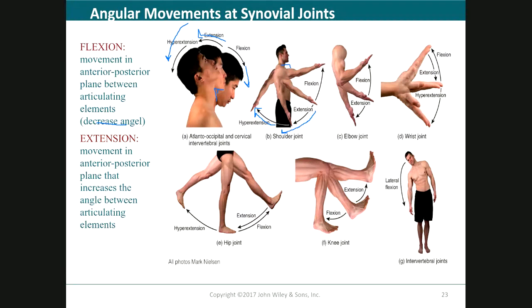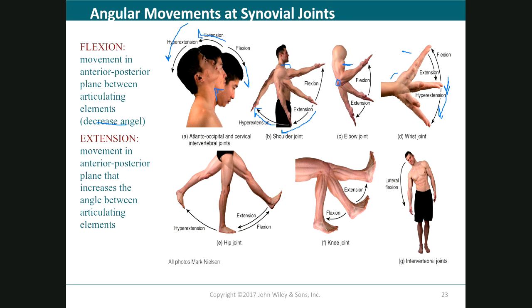Elbow flexion, here's that angle, decreasing it. Elbow extension. And in the elbow, we can't hyperextend the elbow primarily because we have an olecranon process that limits that hyperextension. Wrist flexion, you're bringing that up to you, decreasing that angle of the joint. Wrist extension, going to extend, and then there's wrist hyperextension.